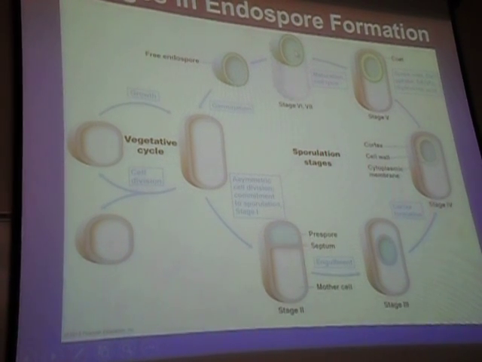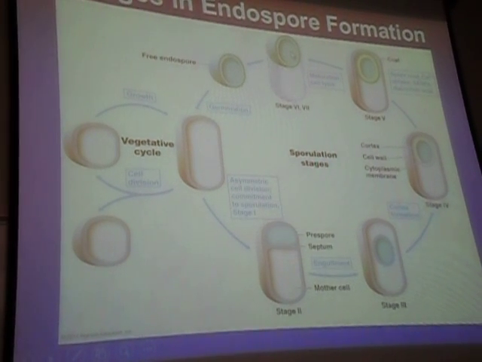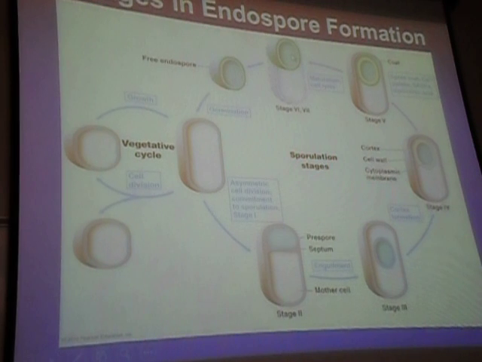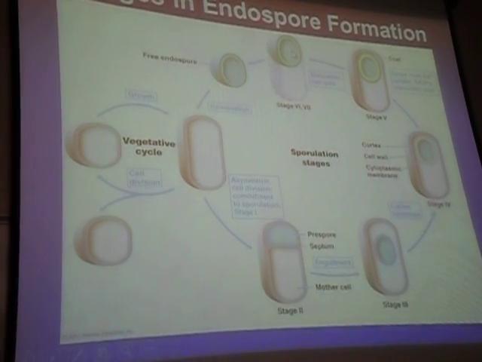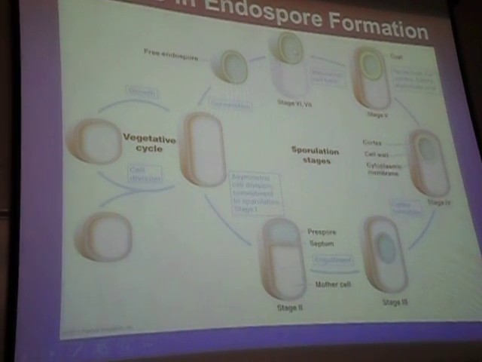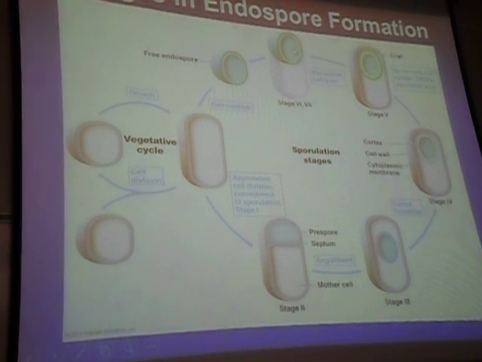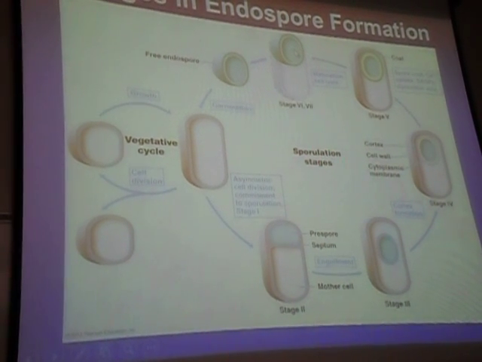It will wash out of the sporangium, which is the vegetative cell surrounding the endospore, and they will stain with a counterstain pink. So if you have an endospore that's mature within the vegetative cell, the sporangium will stain pink, the endospore will stain green. Once the mature endospore is released, the bacterial cell lyses, the endospore also stains green.